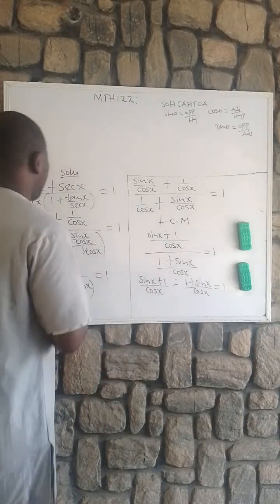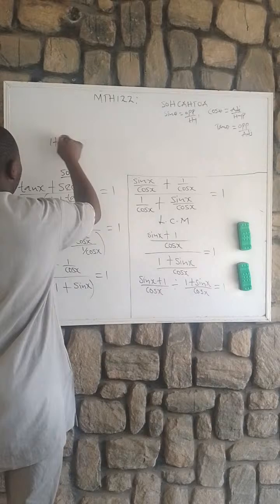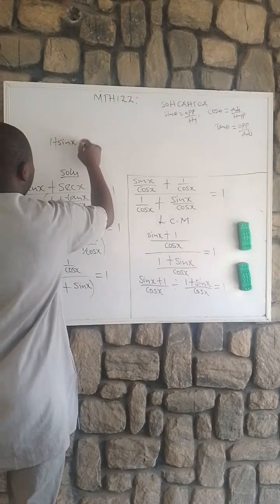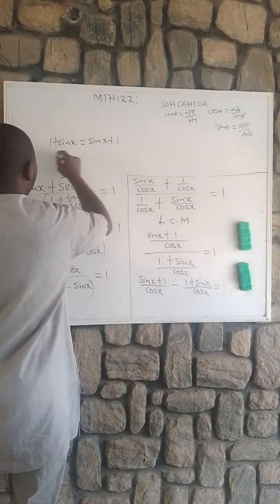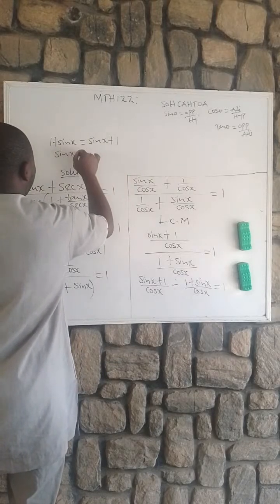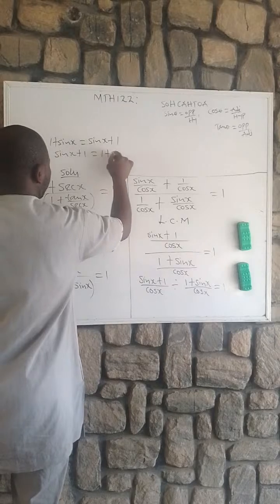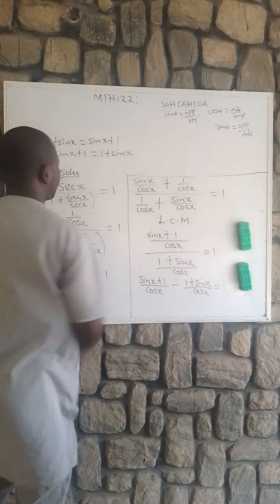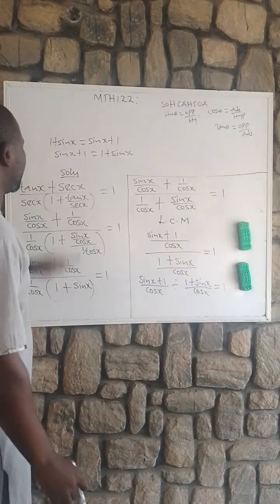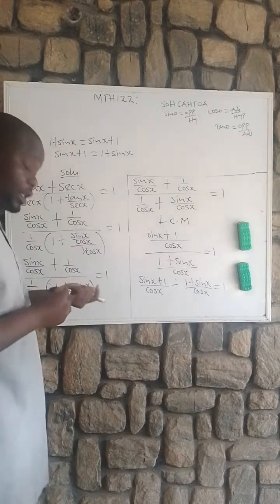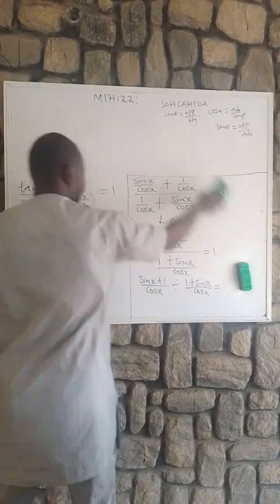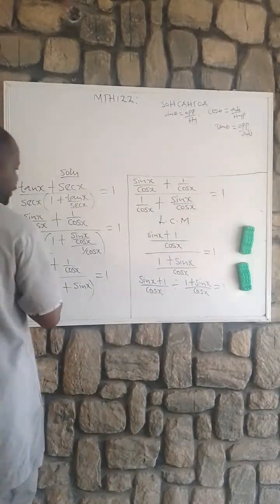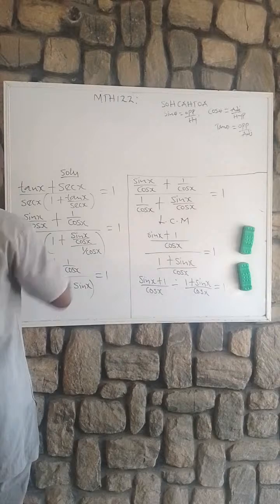You know very well that 1 plus sine x is the same thing as sine x plus 1, or sine x plus 1 is the same as 1 plus sine x. You should take note of all these things.